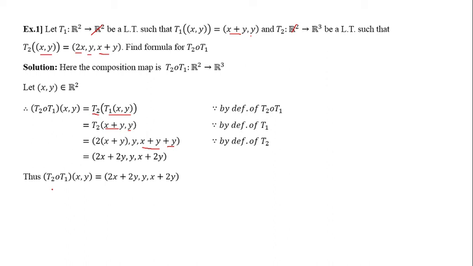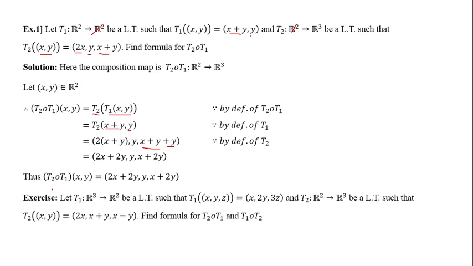So this is similar to function composition, so we can find the composition of given transformations. So this is an exercise. You have to find a formula for the composition maps T2 composite T1 and T1 composite T2.